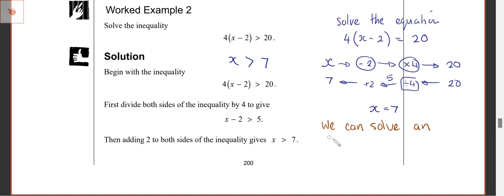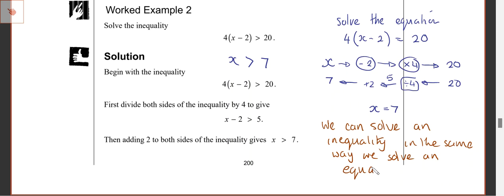We can solve an inequality in the same way as we solve an equation. Okay, that's important. But we have to interpret the answer.